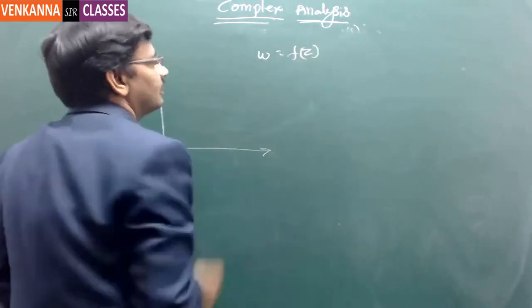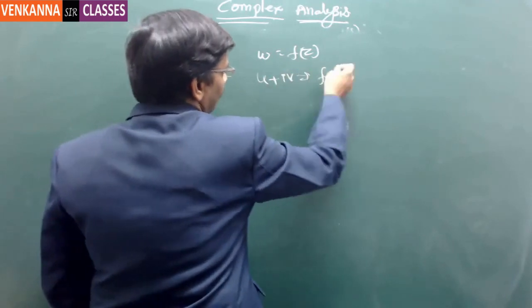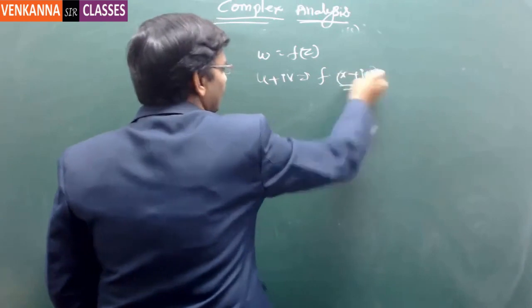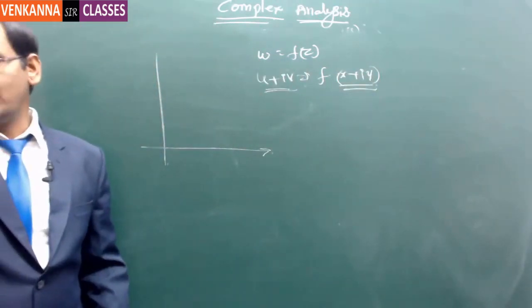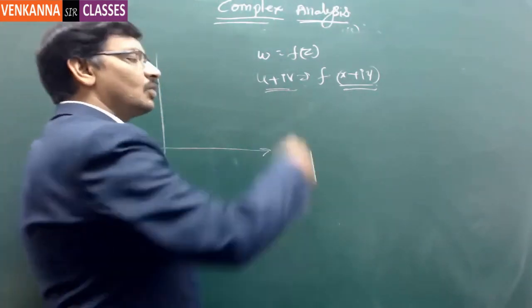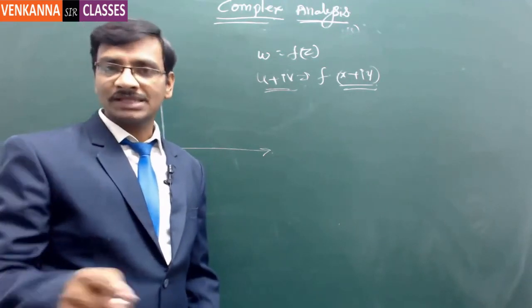As I said earlier, w has to be expressed as u plus iv, and f of x plus iy. So here, two different independent variables together are coming as a single function, that is w is equal to f of z. Now here, if you want to identify any single value, it's not like x, it is both x and y together.